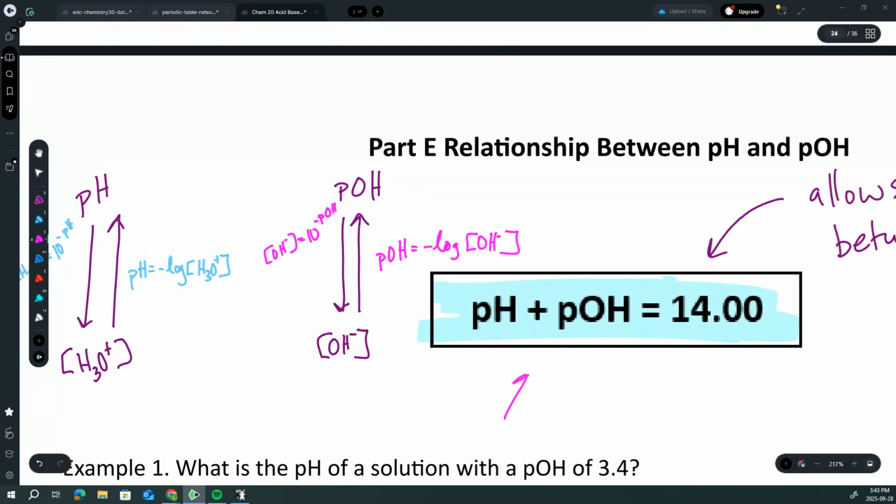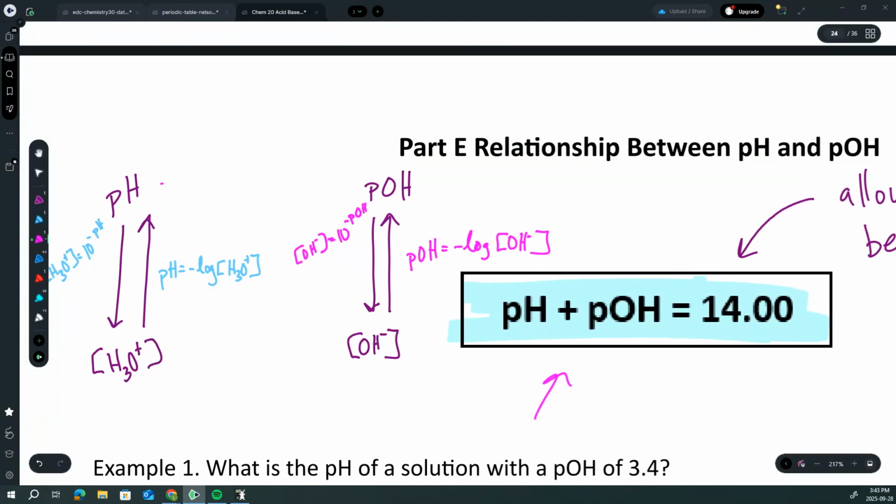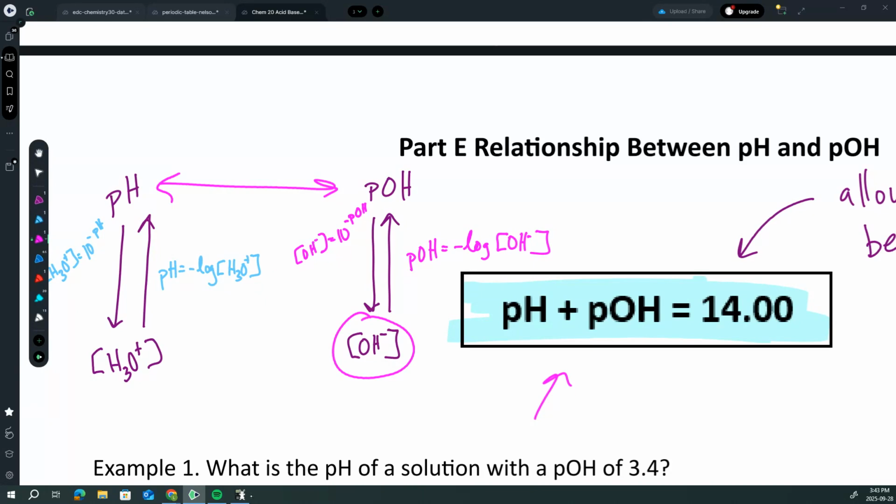Now, with this formula here, this is our bridge between pH and pOH. Sometimes you are given the concentration of hydroxide ions, but you are asked to find pH.